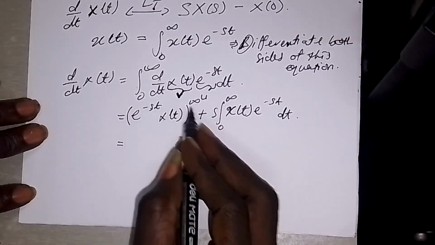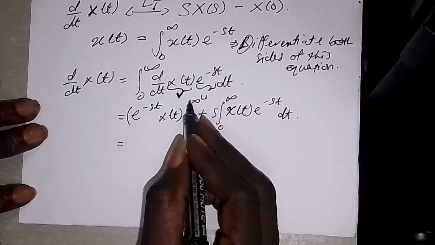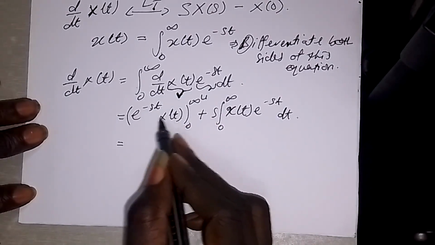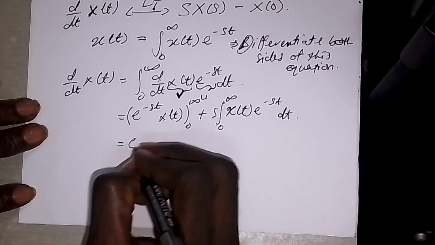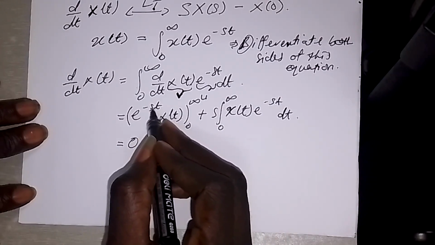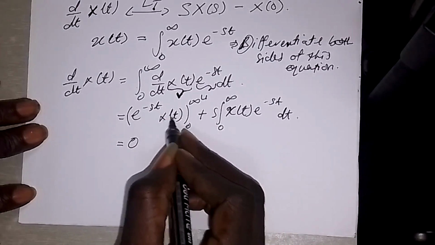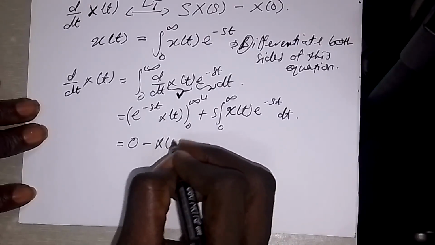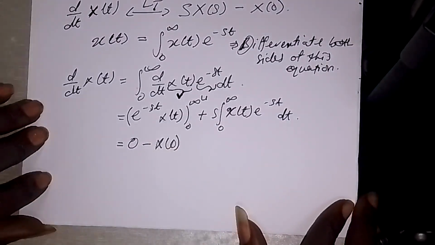If I put infinity here, I'll get 0. That will make the whole of this place 0. Now if I put 0 here, I'll get e exponent 0, which is 1, and here will become 0. So minus, because it's the lower limit, e exponent 0.